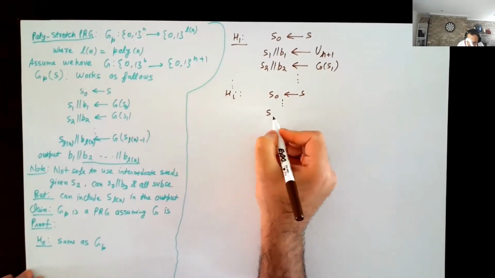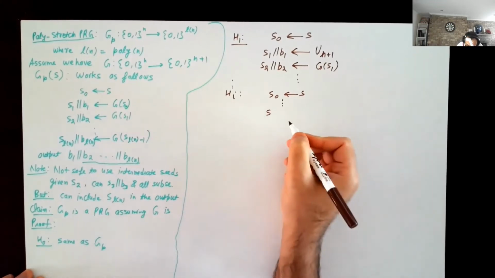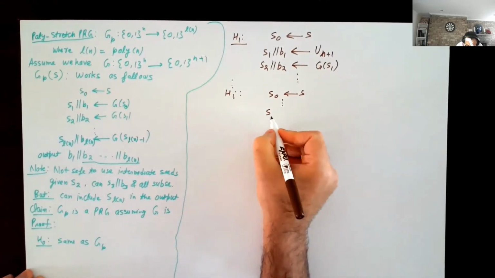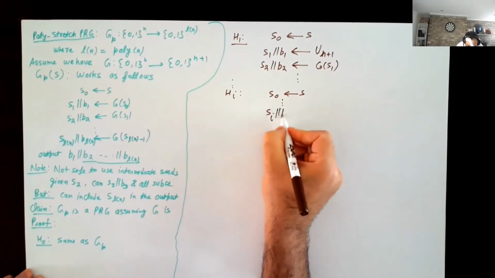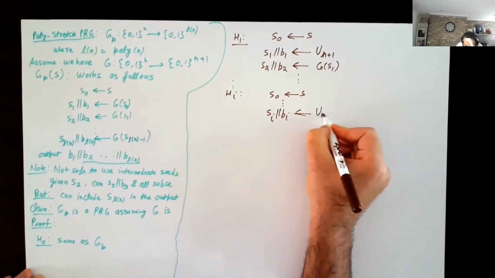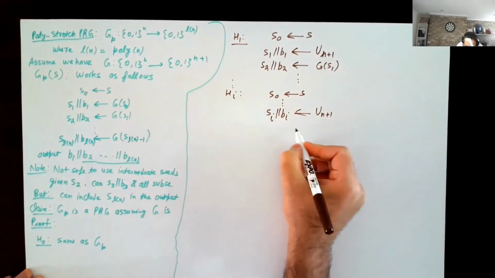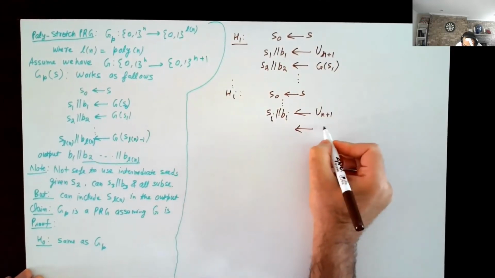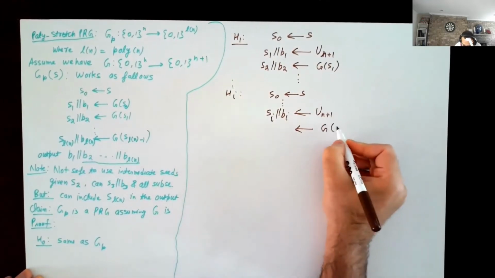So up to SI and BI, I sample uniformly, and after that point, I start using my G.